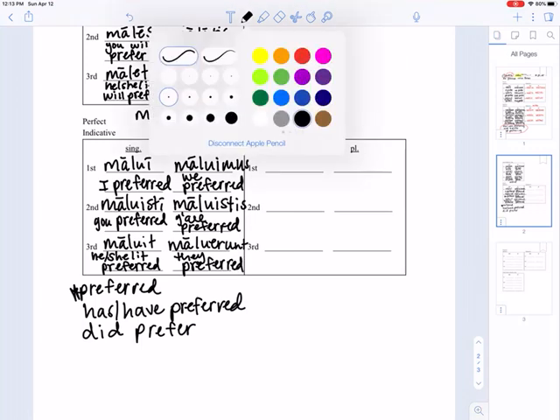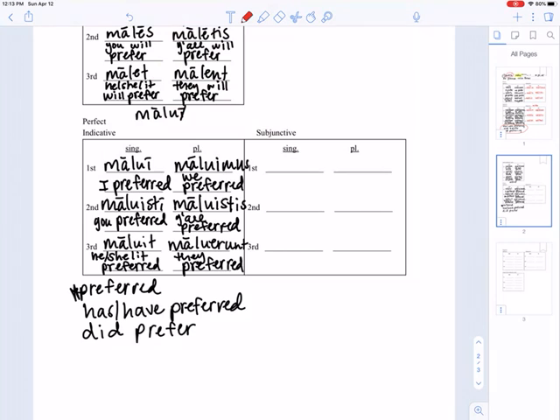Okay. So over here on our subjunctive side, we're going to take Malu right here, and we're going to add erim. Again, Malu, but we're adding eris.